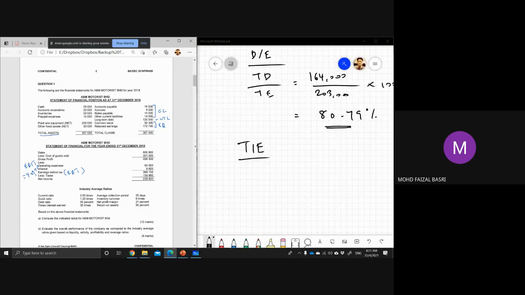So 399,700 plus 9,600, again you're going to get 409,300. So there are two ways to find earnings before interest and tax.